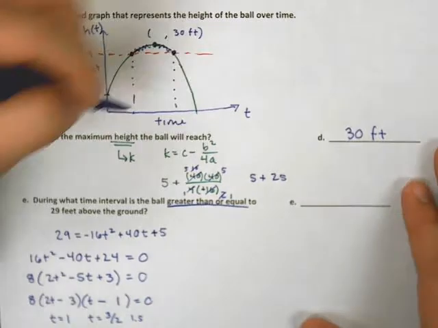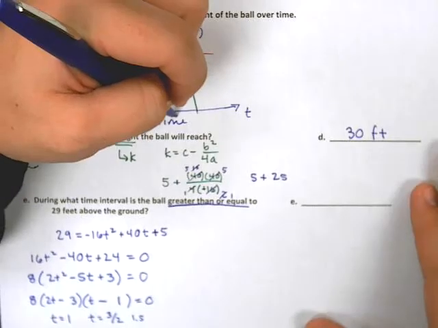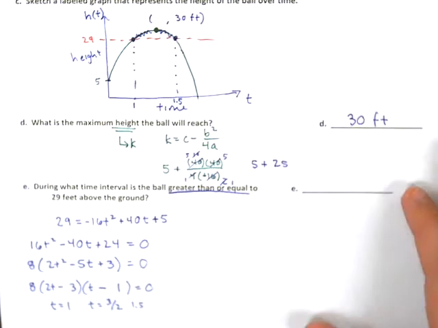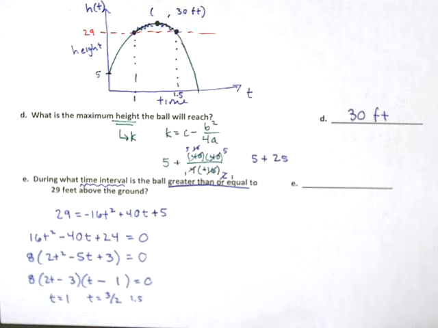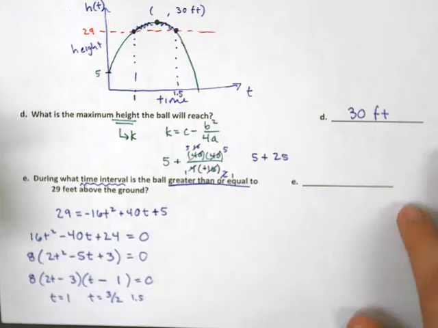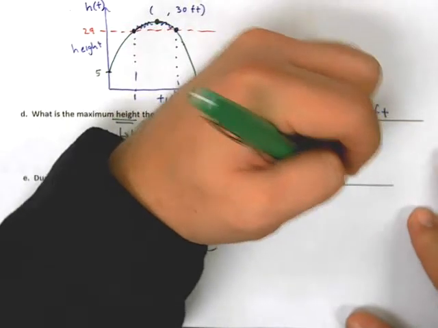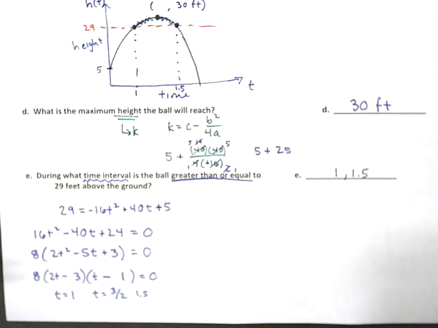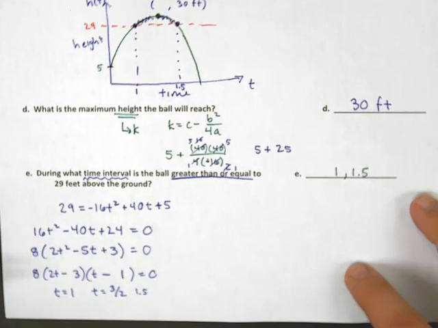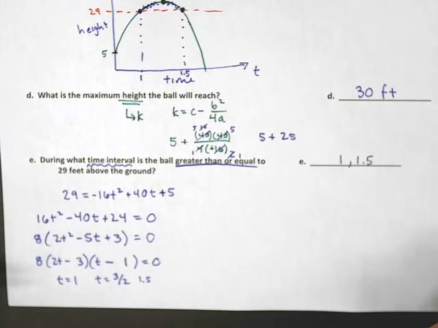Okay, so I know the times there. I know one of the times was at 1. This one is at 1.5. So when I go to write my time interval, I'm going to say that I am going to go from 1 to 1.5. And the last question here is, do I close or keep the brackets open? Closed brackets are open.